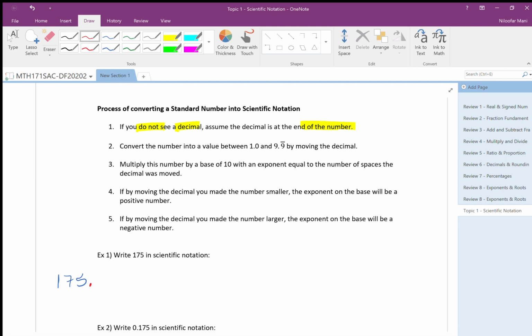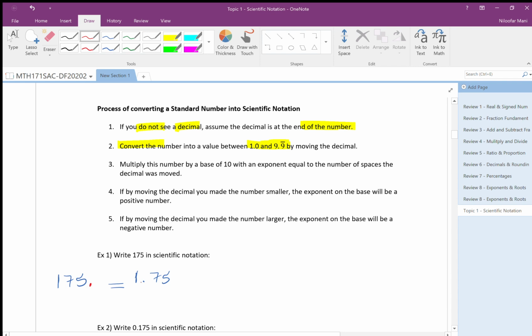Then convert your number to 1 point something to 9 point something. So I convert this number to 17.5. No, 17.5 is not from 1 point something to 9 point something. That's wrong. So I convert my number to 1.75. Is it 1 point something to 9 point something? Yes. So what happened here?